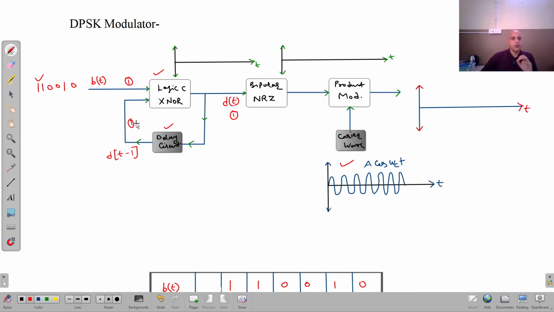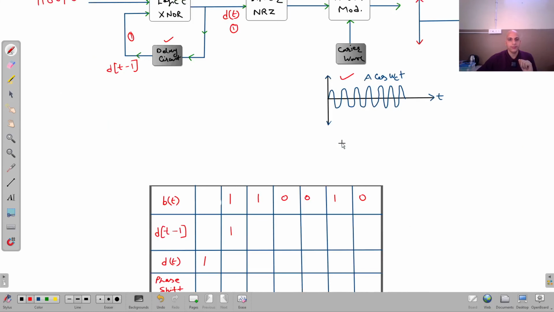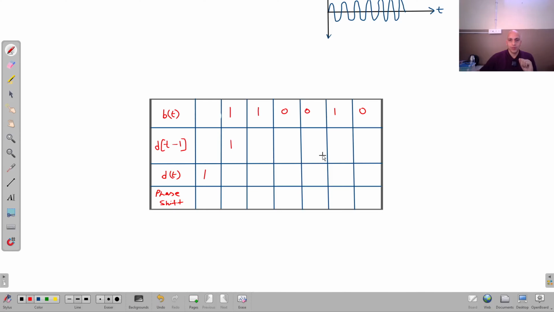Then we perform the XNOR operation on 1 and 1. 1 1 means 1, so the output is 1. Now when I delay it by 1 bit, again I will have 1 here.